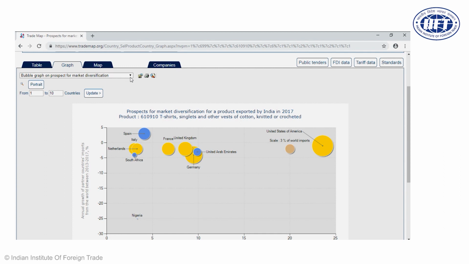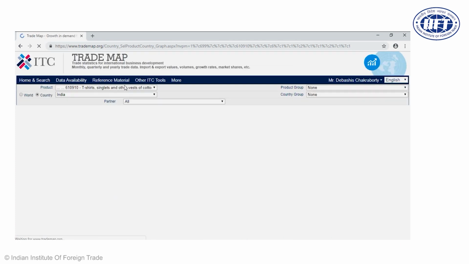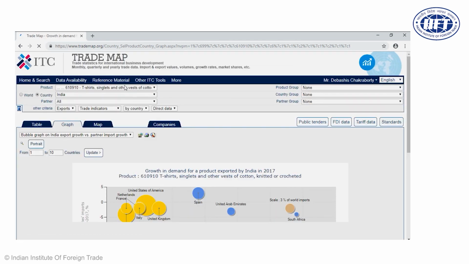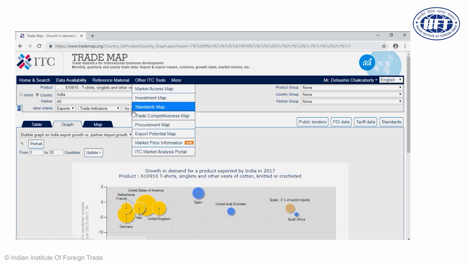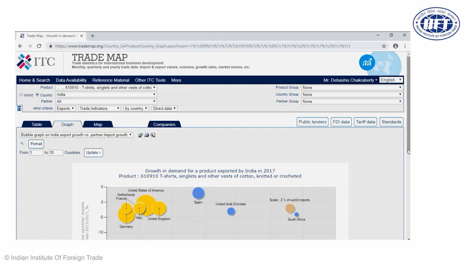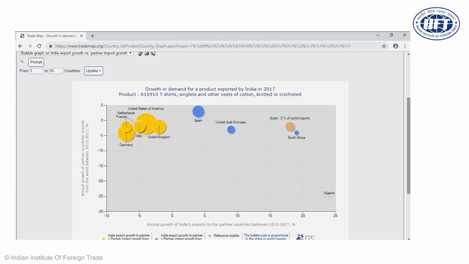In case we are still a little unsure about the possibility of entering the market, we click on the bubble graph, the next type of bubble, and from there we try to check which market can be a relatively better market for our growth. We see that here a number of countries are appearing which show whether a country can be a dynamic or declining market.